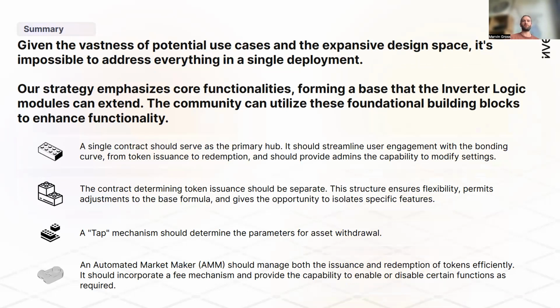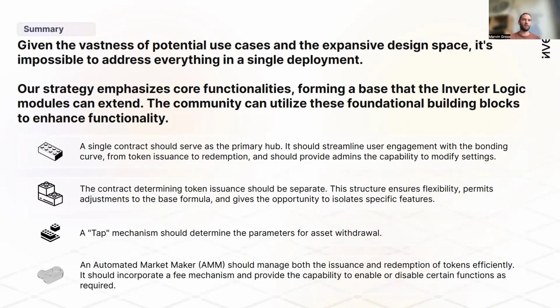Given the vastness of the potential use cases and the expansive design space, it's impossible to address everything in a single deployment. I think that's one big learning factor. And then our strategy also emphasizes core functionalities, forming a base that the inverter logic modules can extend. So for creating different building blocks, and then the community can utilize these foundational building blocks to enhance functionality.